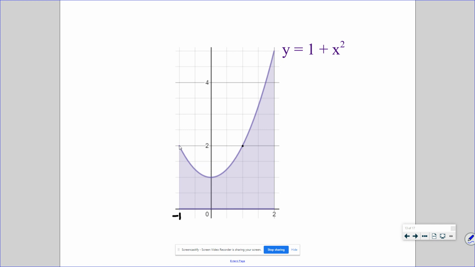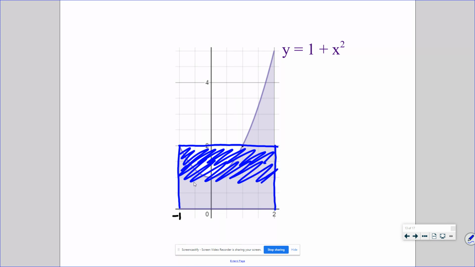Since the average value is 2, I can make a rectangle with a height that is equal to 2. And the area of that rectangle is the same as the area under the curve, that purple space. So all of this area is equal to the area under the curve in that purple space.